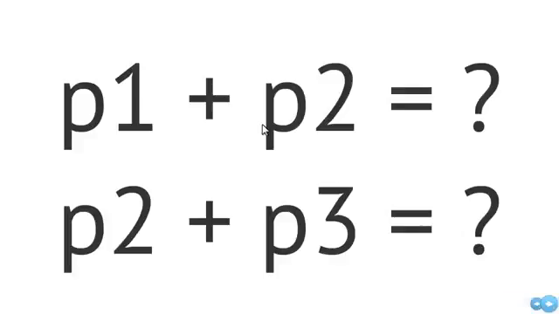We'd have to define what this plus symbol means whenever we have two player objects. Same thing with P2 and P3. It may be the case that we're doing some sort of mathematical computation based upon their age, strength, and intelligence to add these two players up and come up with some particular value. We don't know, but we could define that, and that would involve overloading the plus operator for the type player.